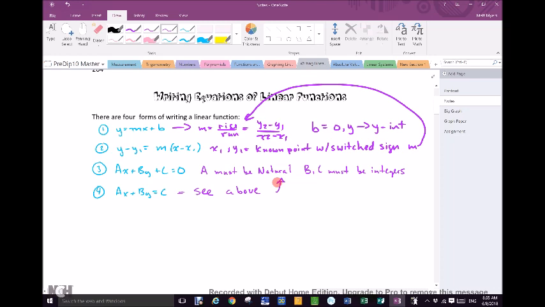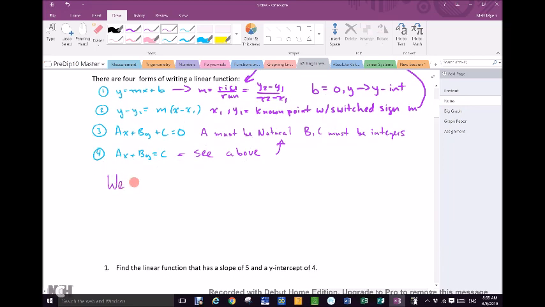Is everybody good? Yeah? Sure? You betcha. We use algebra to move between forms. Remember, y isolated, slope-intercept.